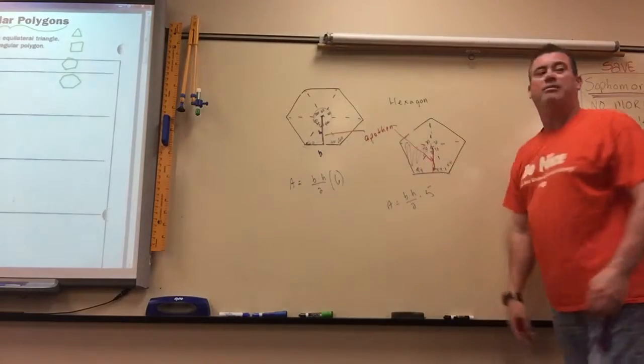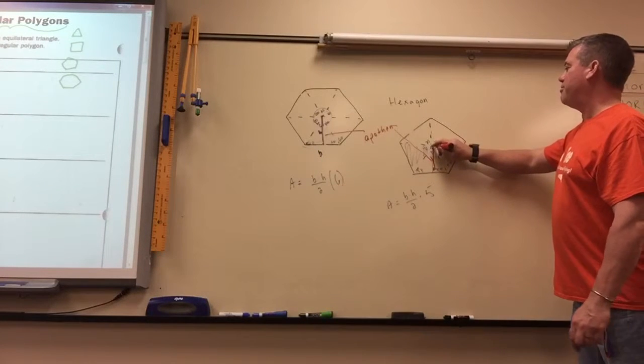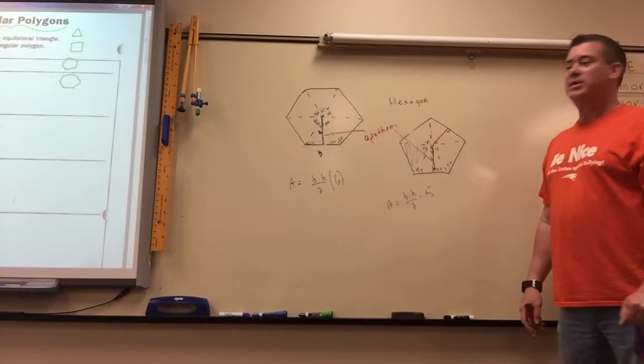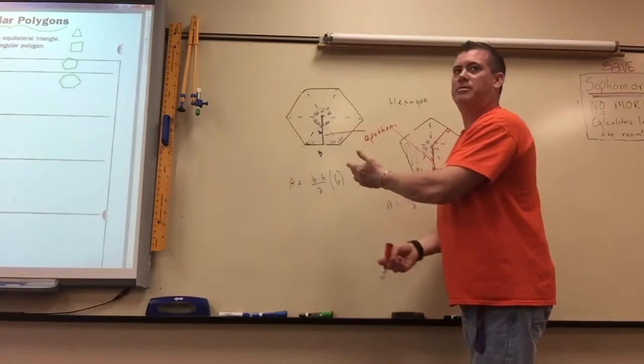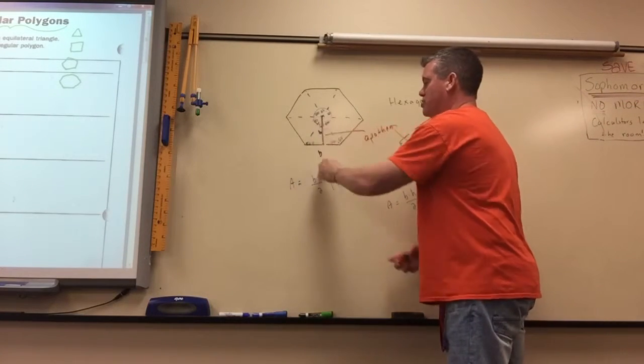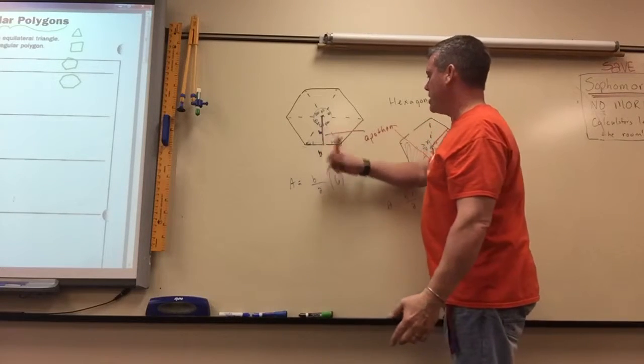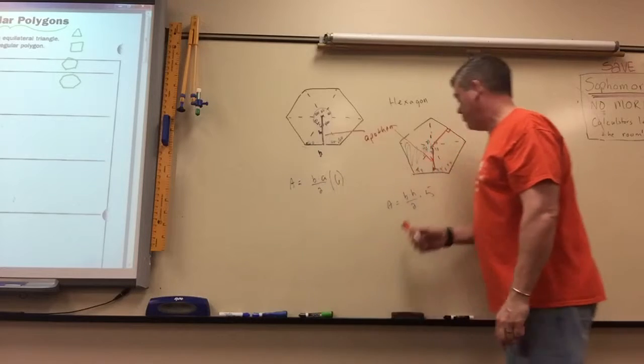Okay? From the center to an edge. So if you draw from the center straight to the edge at a 90, it's the apothem. So in this formula, the apothem is just the height of the triangle, right? Base times height, but it's now called an apothem.